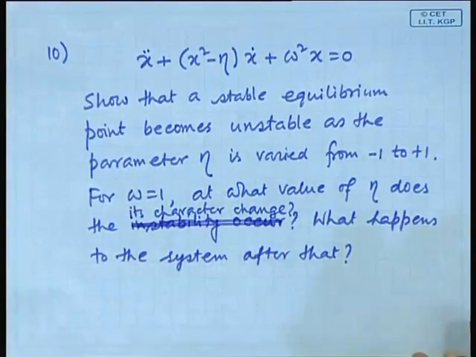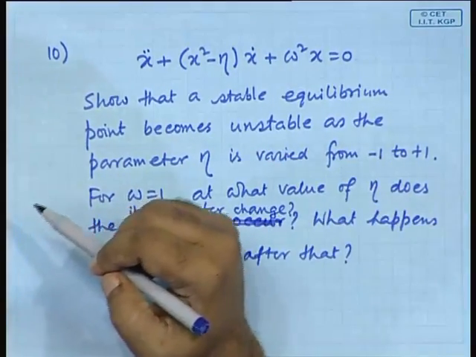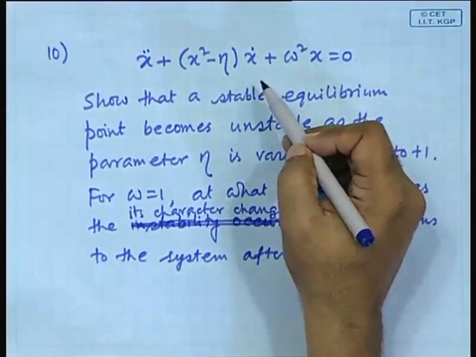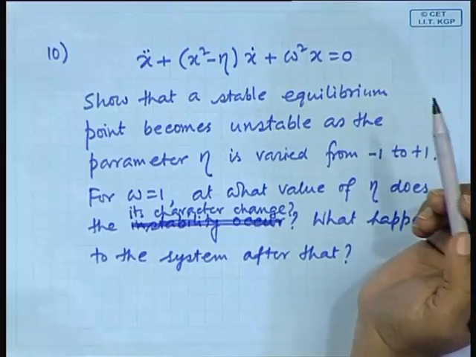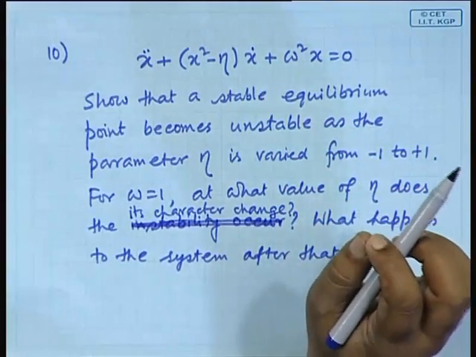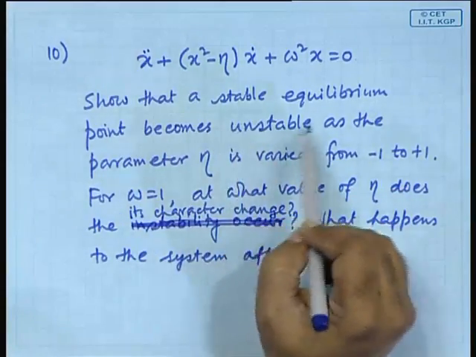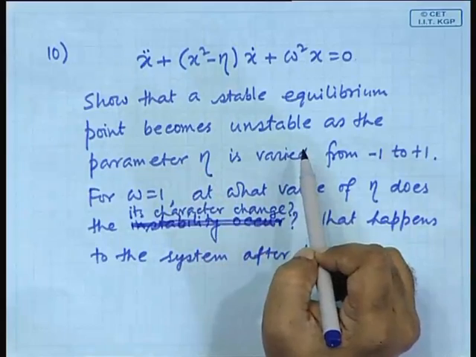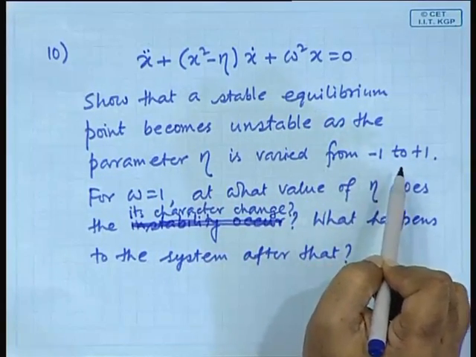Now, in this problem, there is a second order differential equation given. Obviously, you will have to obtain the first order form in the first step, and then you will have to investigate the character of the equilibrium point. So, here they show that a stable equilibrium point becomes unstable as the parameter eta is varied from -1 to +1.